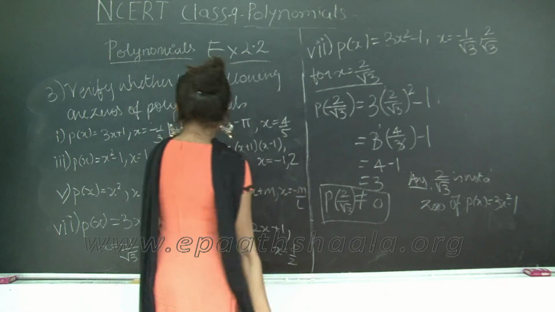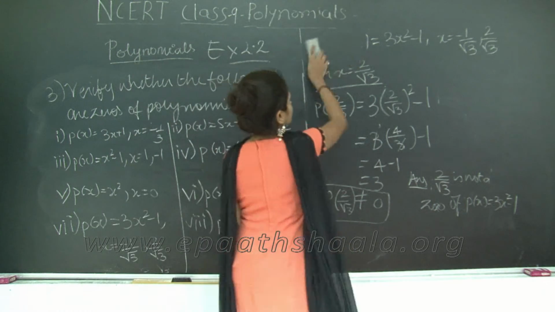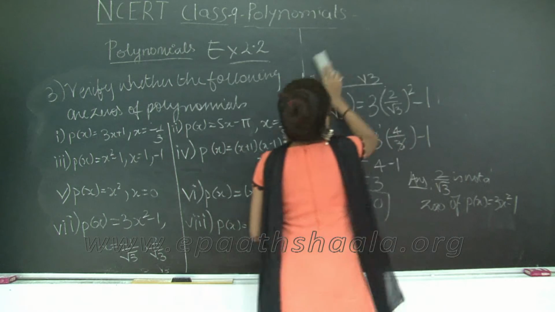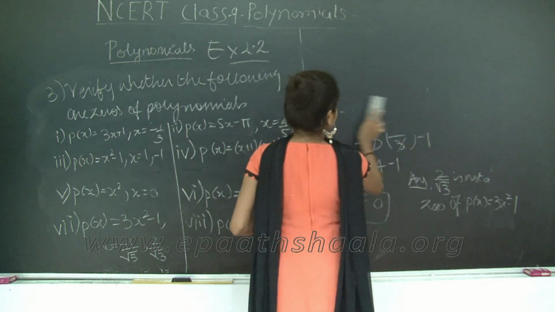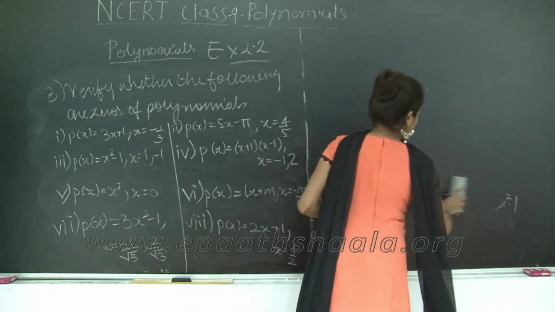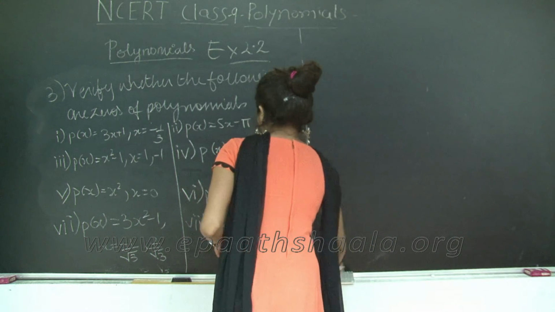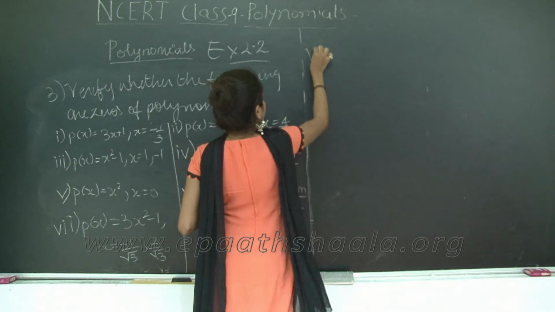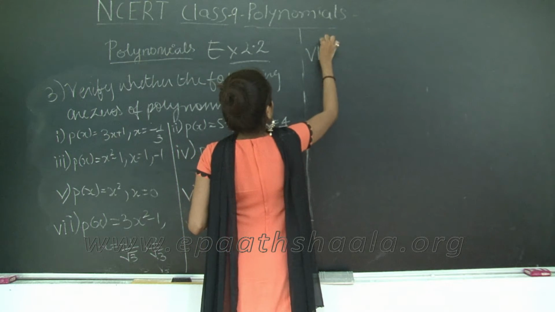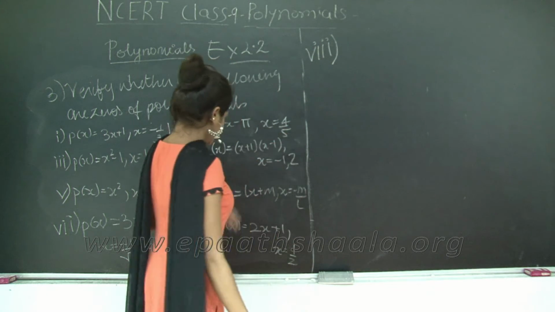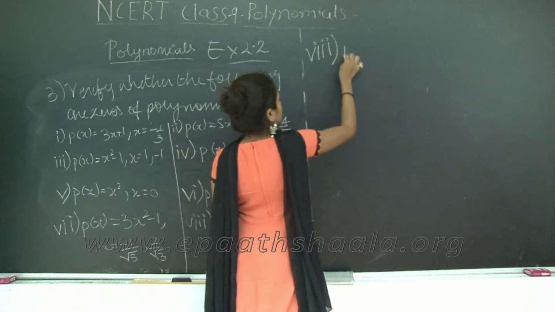Okay. Now the last sum for section 3, which is the 8th sum. A polynomial is a simple one.